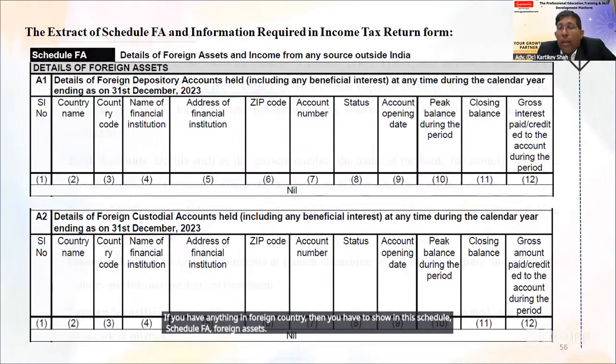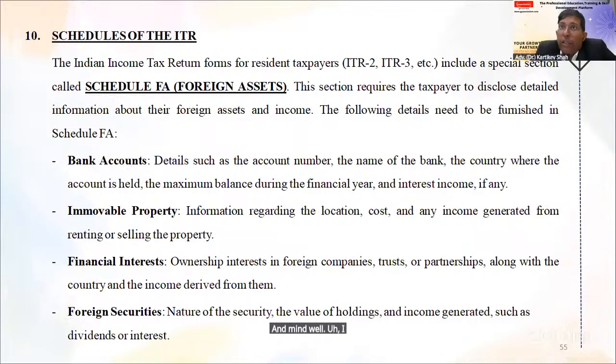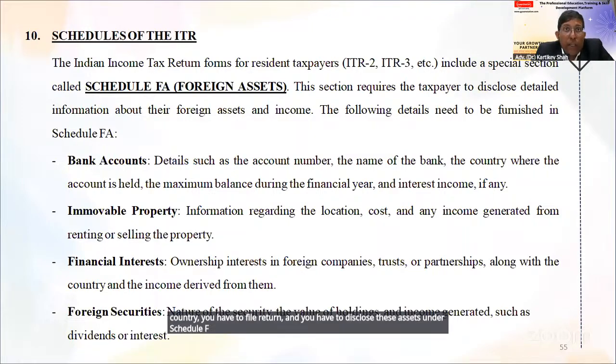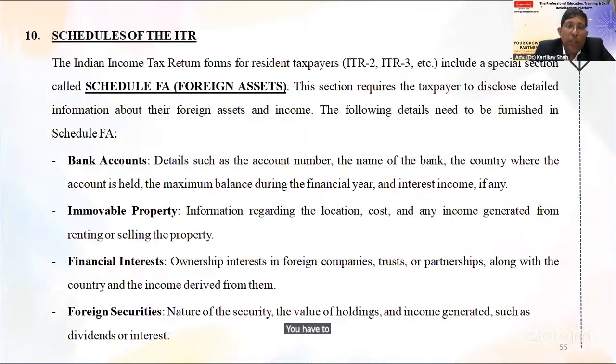And mind well, I have mentioned and I am mentioning again that even if you do not have any income beyond the exemption limit, or any income in India, if you still have these investments or any income in a foreign country, you have to file a return and disclose these assets under Schedule FA. You cannot escape by saying that you don't have any income so you are not supposed to show these assets. No, you have to show these assets even if you are not earning any income in India.